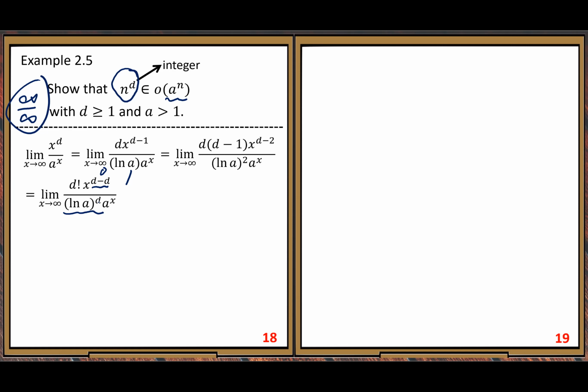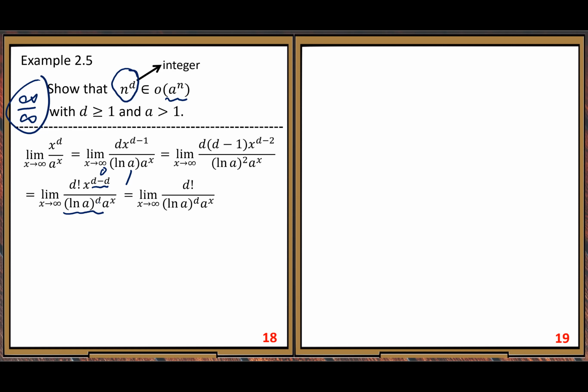So then let's simplify this expression. The numerator is a constant, d factorial. The denominator is natural log of a to the dth power times the exponential function a to the x. We can see the limit immediately because the numerator is a constant and the denominator goes to infinity.